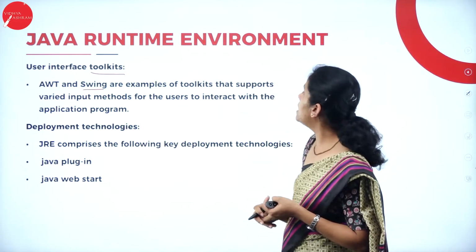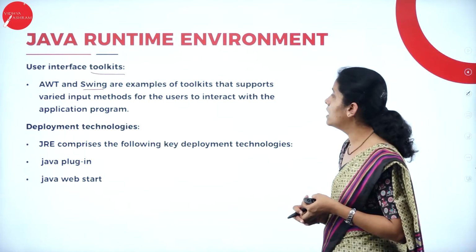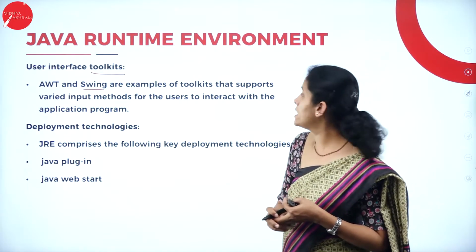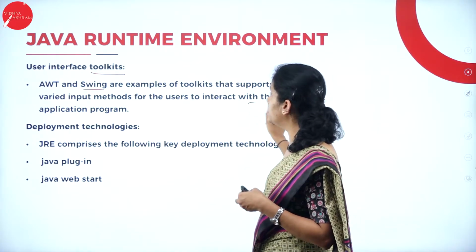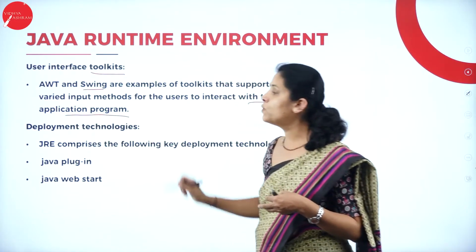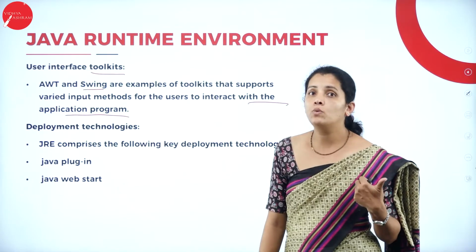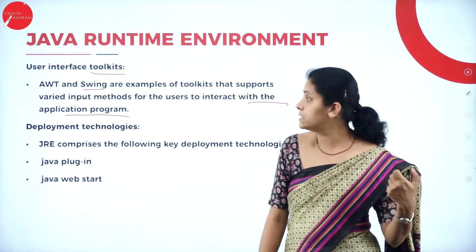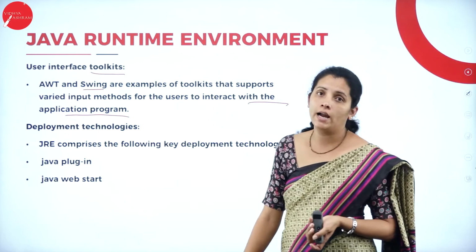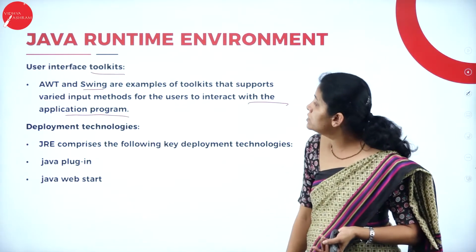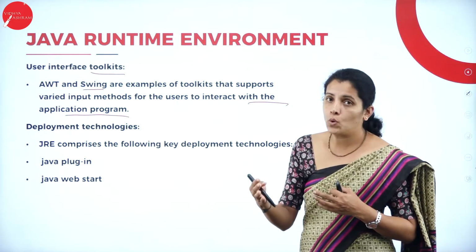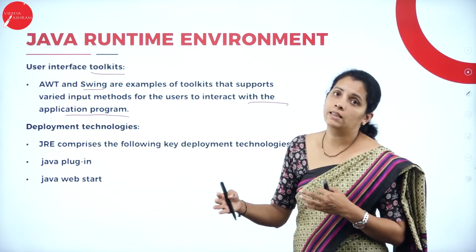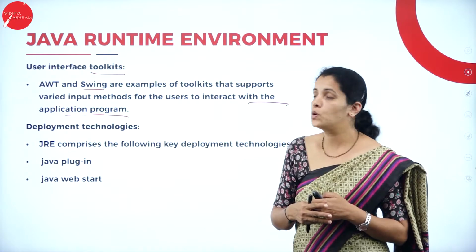These are examples of toolkits that support various input methods for the user to interact with the application program. That means here we have the user interface, that is the AWT, and we have Swing to create an interaction with the application program.